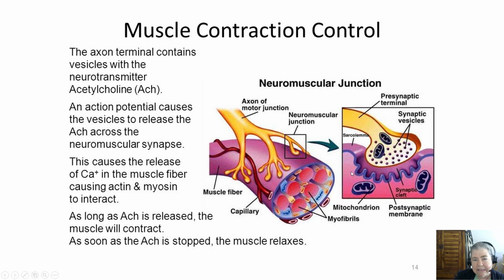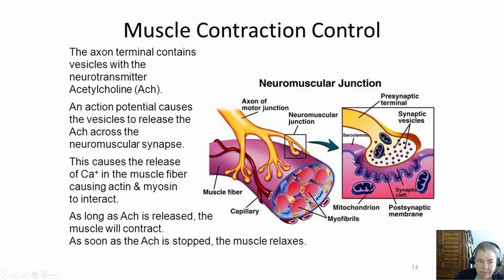When acetylcholine is released into this synaptic cleft and picked up by receptors on the sarcolemma, on the muscle cell membrane, it opens chemically gated channels that cause the release of calcium ions from the sarcoplasmic reticulum and the extracellular fluid into the muscle cell, allowing contraction of the actin and myosin fibers, and the muscle then contracts.